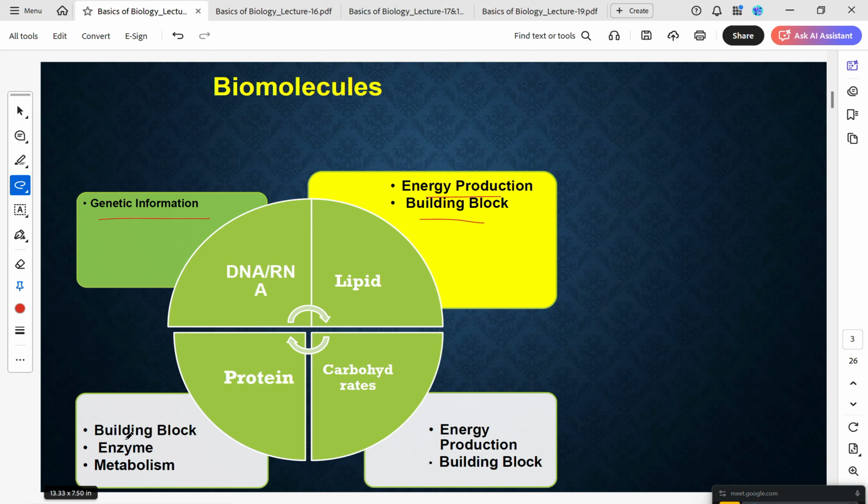They act as enzymes to facilitate a lot of the processes that mediate formation of all of these four biomolecules, and they are also responsible for the metabolism or the usage of energy inside the body. Then comes carbohydrates, which mainly function as a source of energy. They are also a part of different components within the cell.